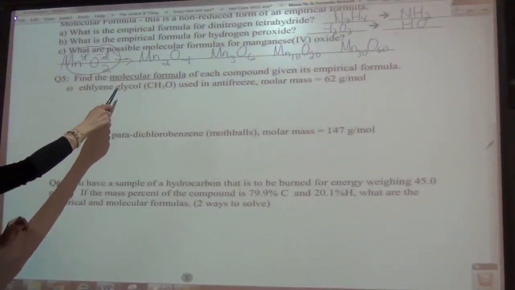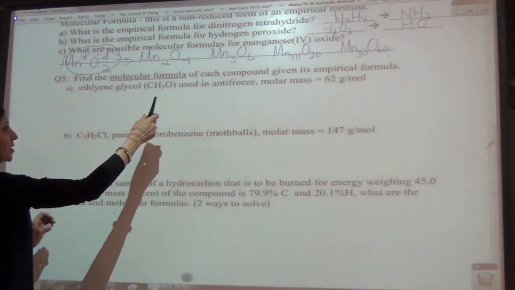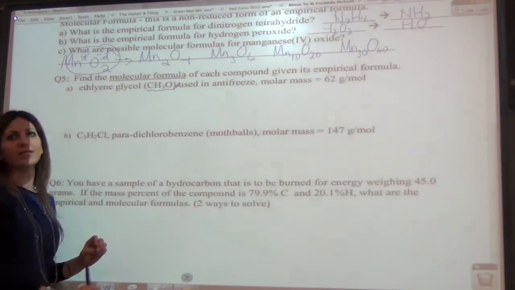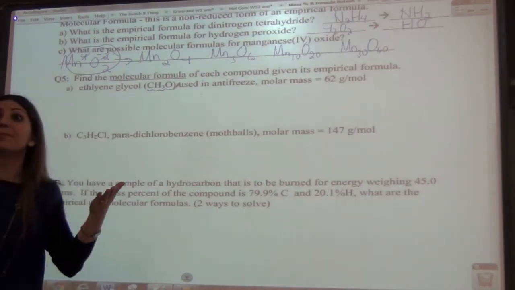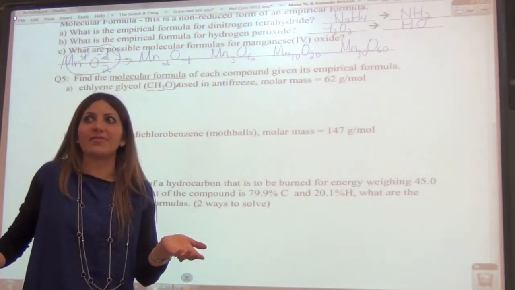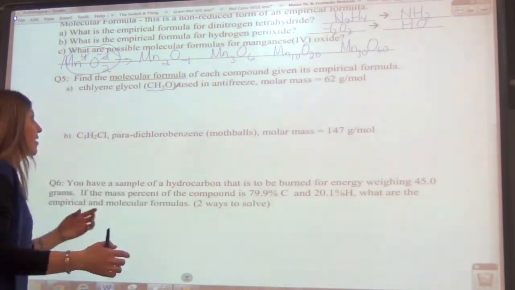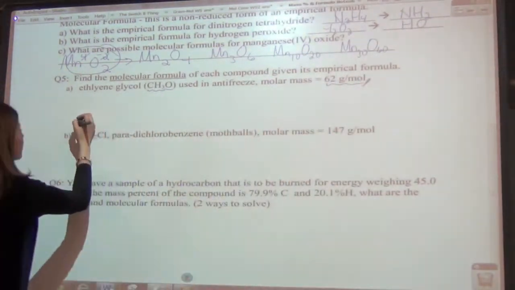Okay. All right. So here what it says is we're trying to find the molecular formula of the compound, and we're given the empirical formula. How do we know this is the empirical formula? It's reduced. Awesome. Now that might be the molecular formula, just like I said for water. It may just happen to be that your empirical and your molecular are the same. So they also give you this molar mass. So what we're going to do is we're going to do this MEE equation.